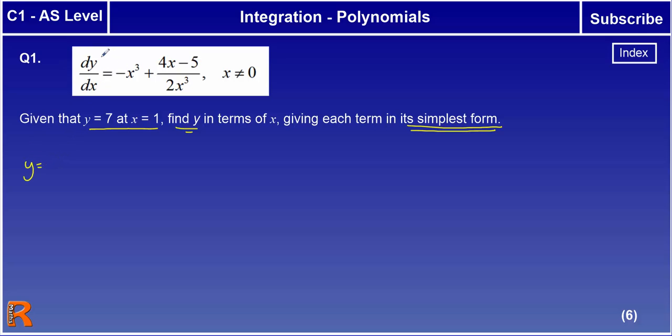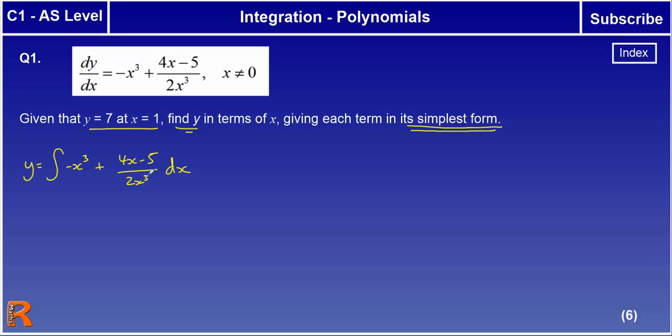So to find y, we need to integrate this differential. So we need to integrate minus x cubed plus 4x minus 5 all over 2x cubed dx. Now the reason why this is 3 terms is because this fraction is in fact 2 separate terms. You've got 2 terms on the top and 1 on the bottom.